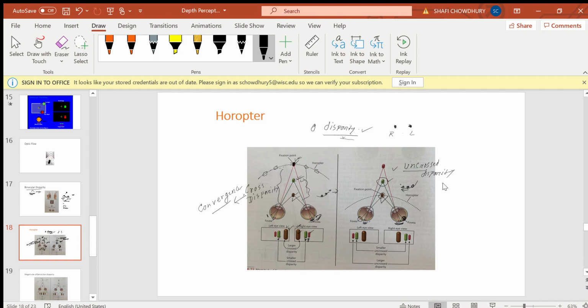This is uncrossed, this is uncrossed because both are further away, but this one is less uncrossed, and this one is more uncrossed. Smaller uncrossed disparity, larger uncrossed disparity, the red one. And the same thing here, larger crossed and smaller crossed disparity. So those are the crossed and uncrossed disparity.